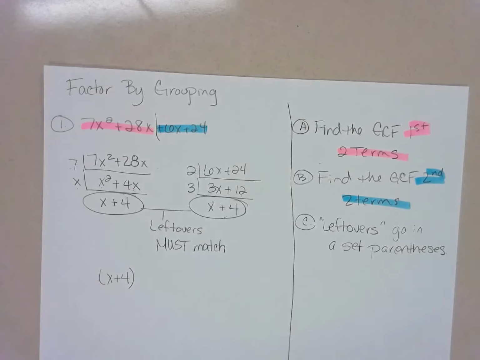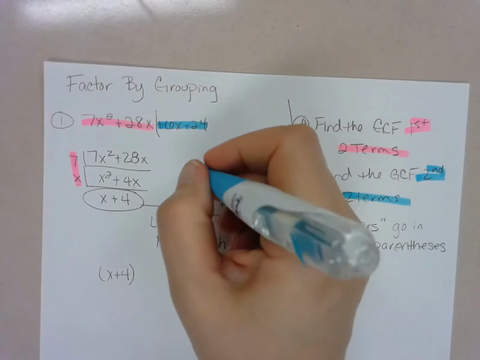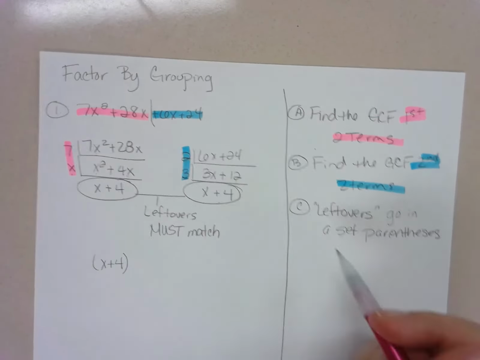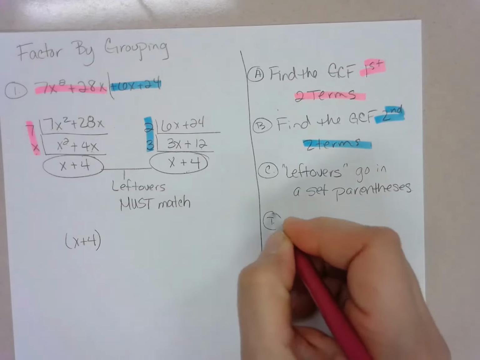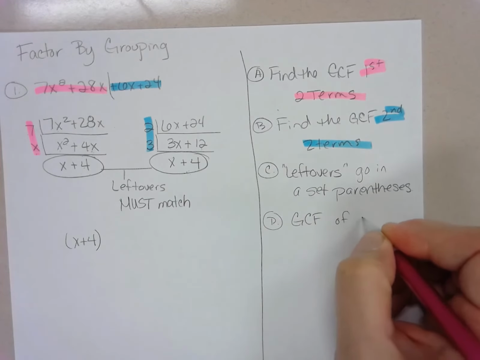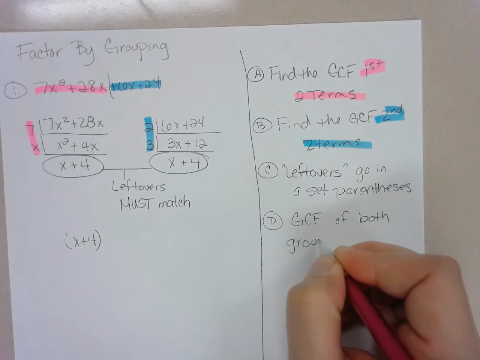And then what I'm going to do is I'm going to take those GCFs, those things that I factored out, and I'm going to use those to make a second set of parentheses. So the GCF of both groups makes a set of parentheses.